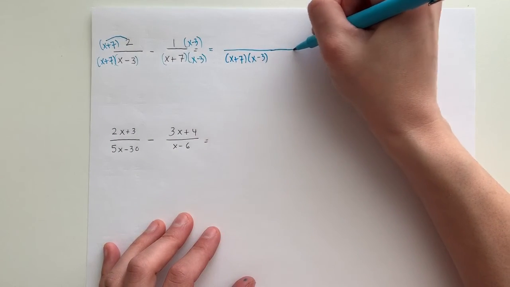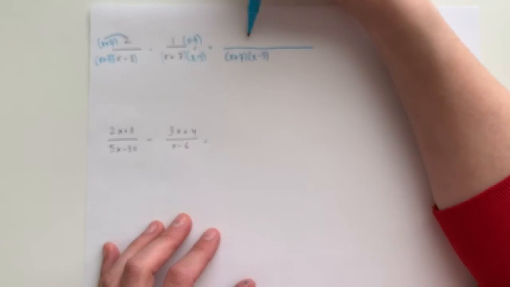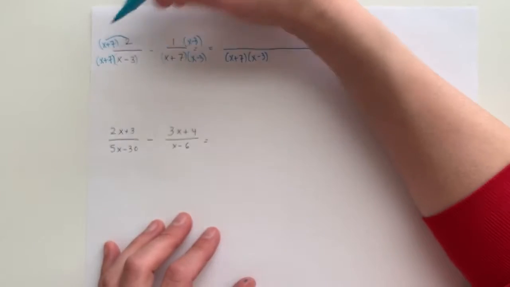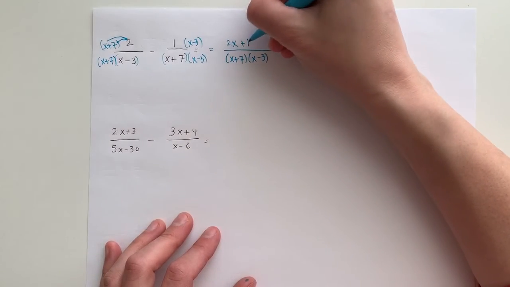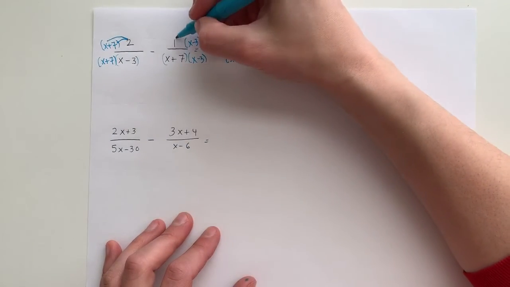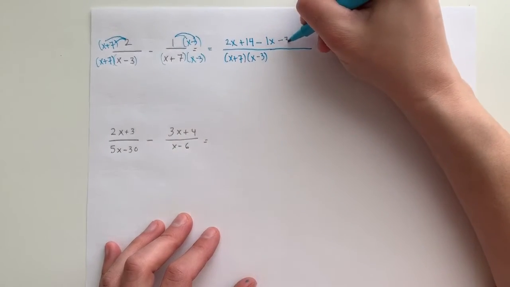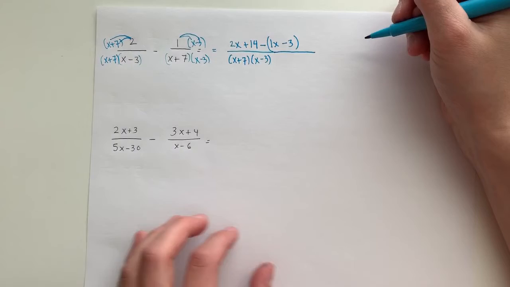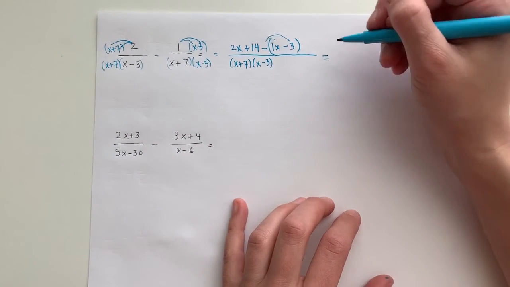Actually, to simplify this, we're going to just keep that as one denominator, and I'm going to put all my numerators in this one fraction here. So I've got 2x plus 14. Okay, take away 1x minus 3. And remember, we're taking away that whole quantity there. Okay, so I'm going to actually need to distribute that negative.